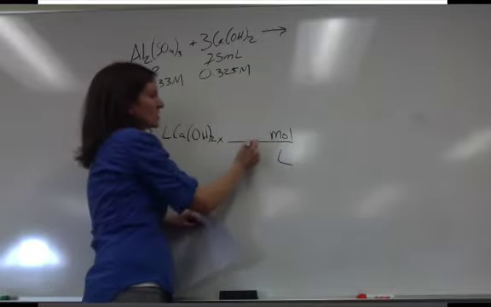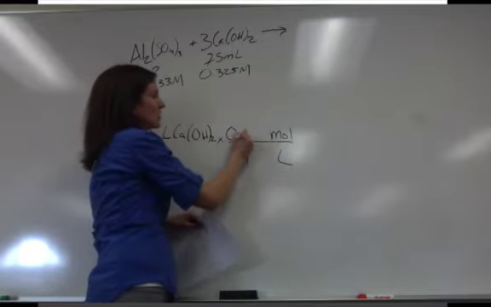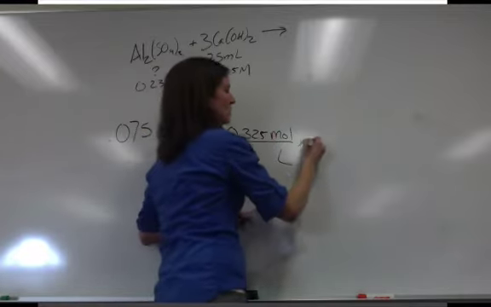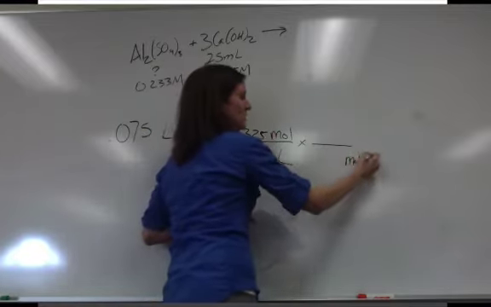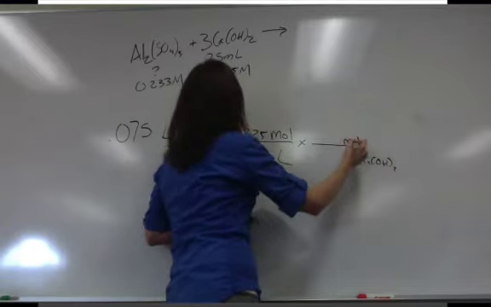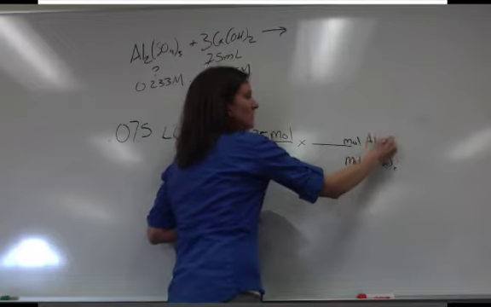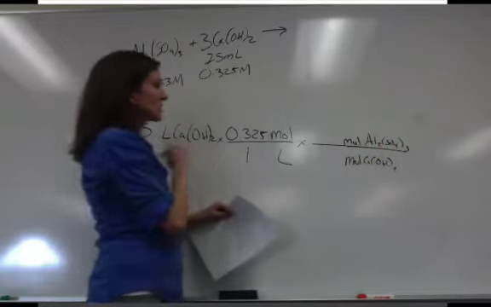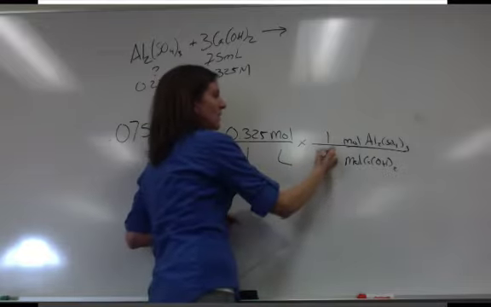So this concentration says that for every 1 liter, I have 0.325 moles. Then I'm going to go mole to mole, from moles of calcium hydroxide into moles of aluminum sulfate. That relationship is the coefficients, so for every 1 I get 3.